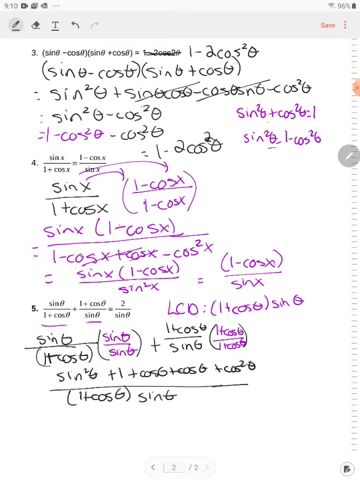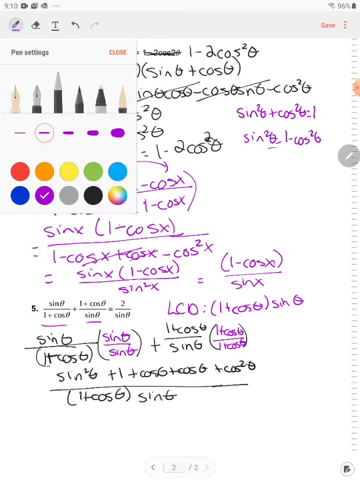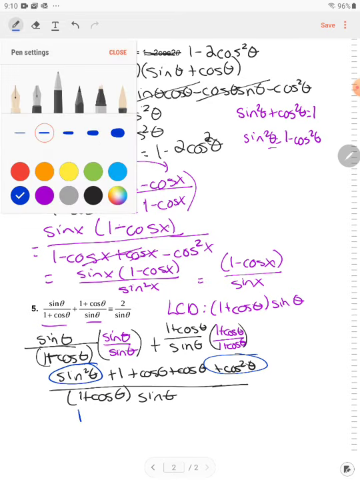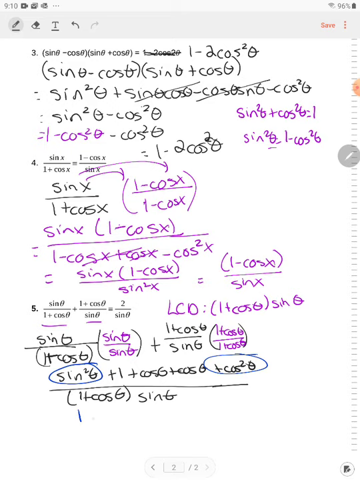Now, if you look back here, I know that sine squared plus cosine squared is 1. So to simplify this, sine squared plus cosine squared is going to become 1. So that's 1 plus 1.